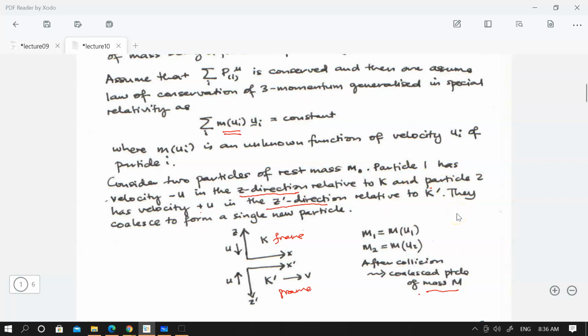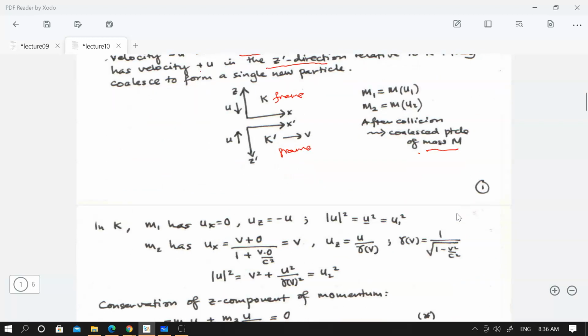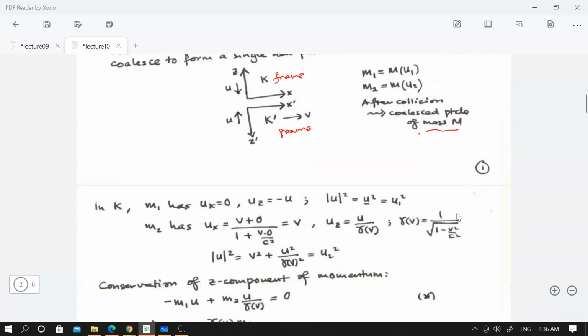Let me go to the next page. In the K frame, let's do the four velocity now. The spatial components of the velocity are given by uz equals minus u, ux equals 0, and uy equals 0.